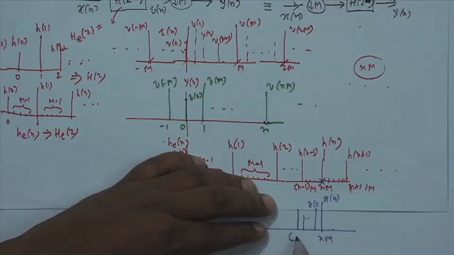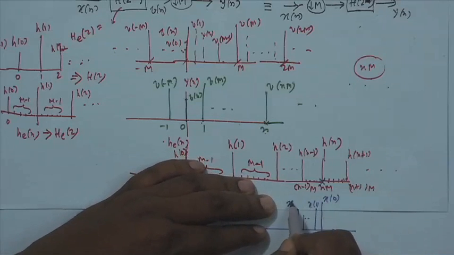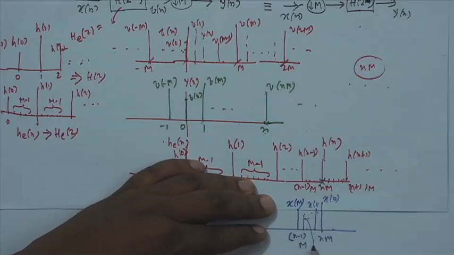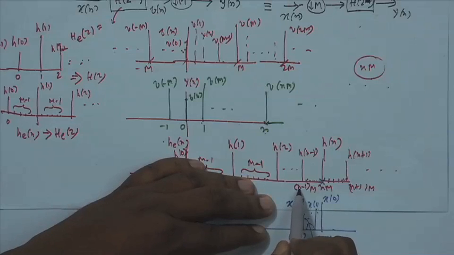Then again at (n minus 1) times M, at this point, who will be there? x[M], because I have got M minus 1 zeros. So, M minus 1 points here: x[1], x[2] up to x[M minus 1]. So, x[0], x[1], x[2] up to x[M minus 1], they meet zeros from here because of M minus 1 zeros.